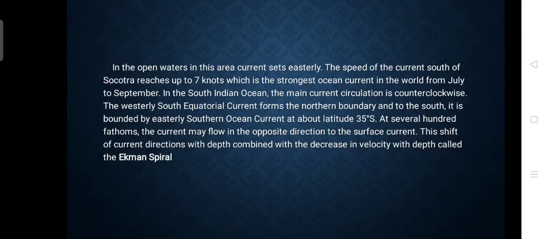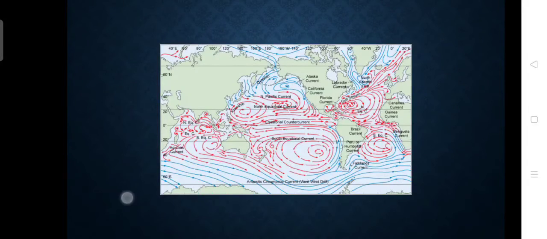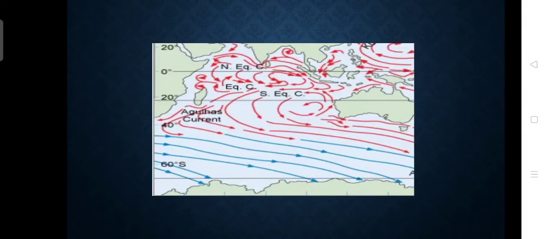So, balikan muna natin yung sa baba ng southern part ng Indian Ocean. Sabi kasi dito, 'di ba? Yung direction ay yung current circulation is pa-counterclockwise, which is true nga. Ayan o. Pa-counterclockwise siya.